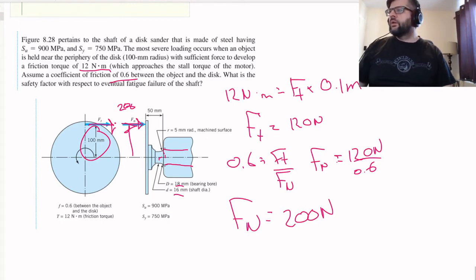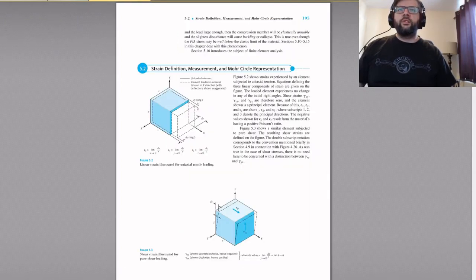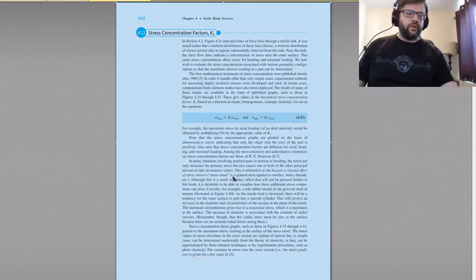So what's going on here is, okay, we'll start by having a look at our KTs, basically. So where is that? Stress concentration factor, KT.